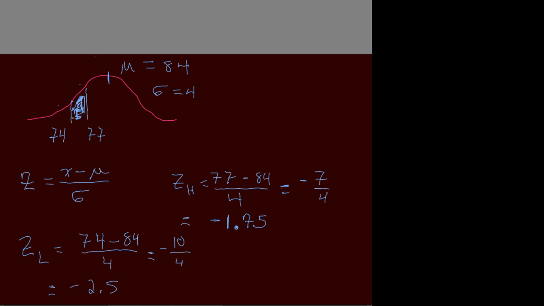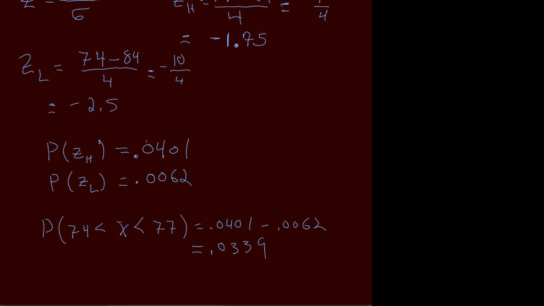That'll help you figure out which Z values to look at and what you're subtracting from the other values. We want the area in between the boundaries, so when you have a double boundary like this, you want the highest one minus the lower one on your probabilities. And lucky for us, our Z tables will pull all those values out for us. It's a question of flipping to the back of the book or pulling out that table and looking up the relative numbers.